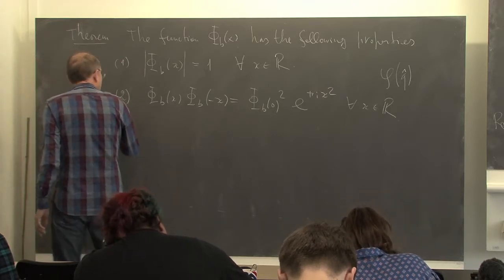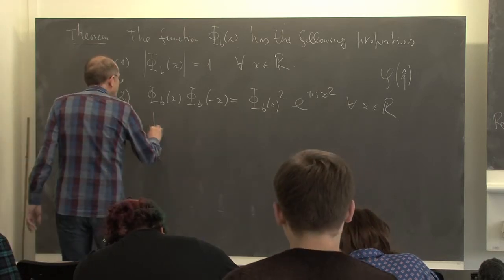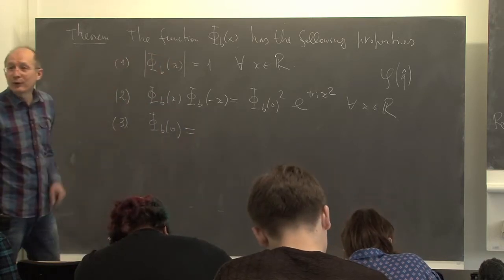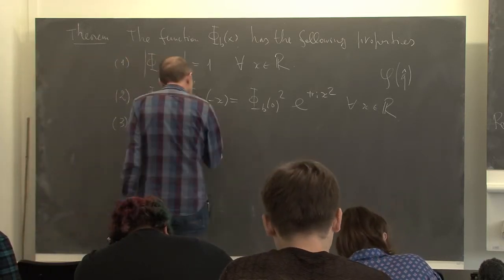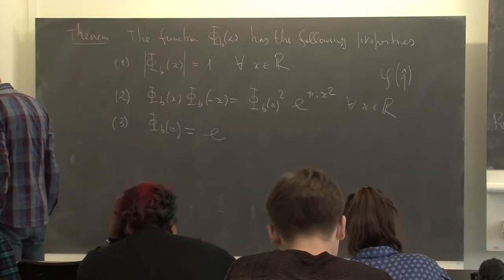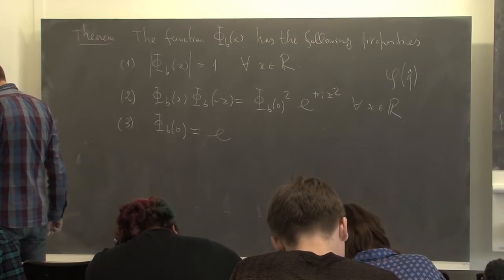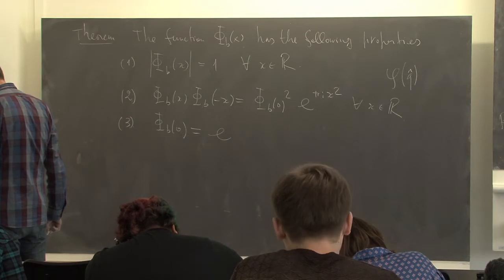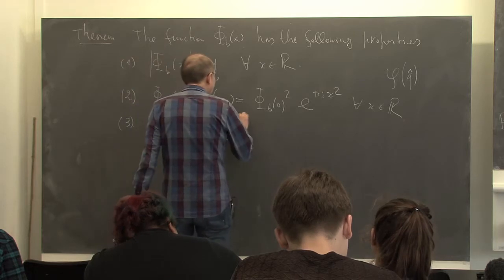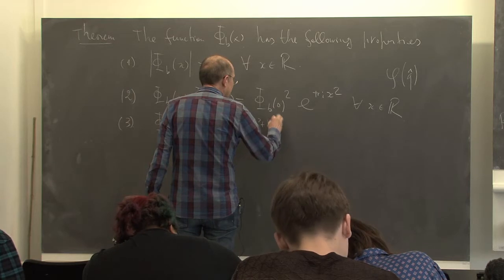Phi b of 0 is a number of absolute value 1, and it's a very nice number. It is e to the pi i over 24, times b squared plus b to the minus 2.